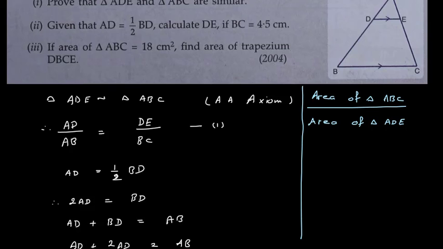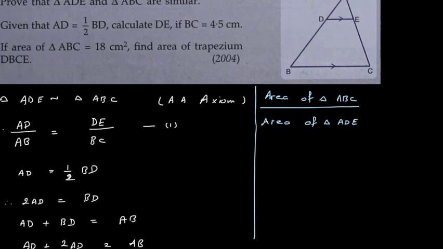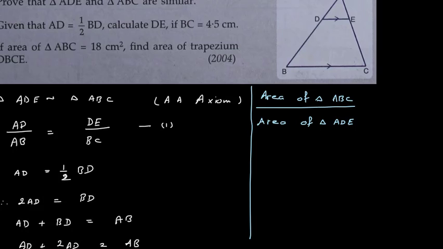A smaller area I am writing down, it will give me some advantage. So it will be equal to BC the whole square divided by DE the whole square. Now I know the value of BC and DE. The area of ABC is already given, it is 18.